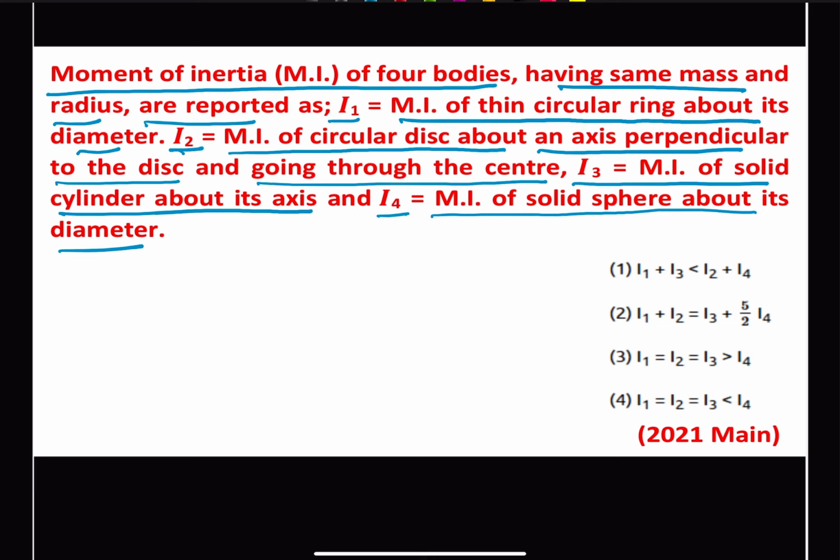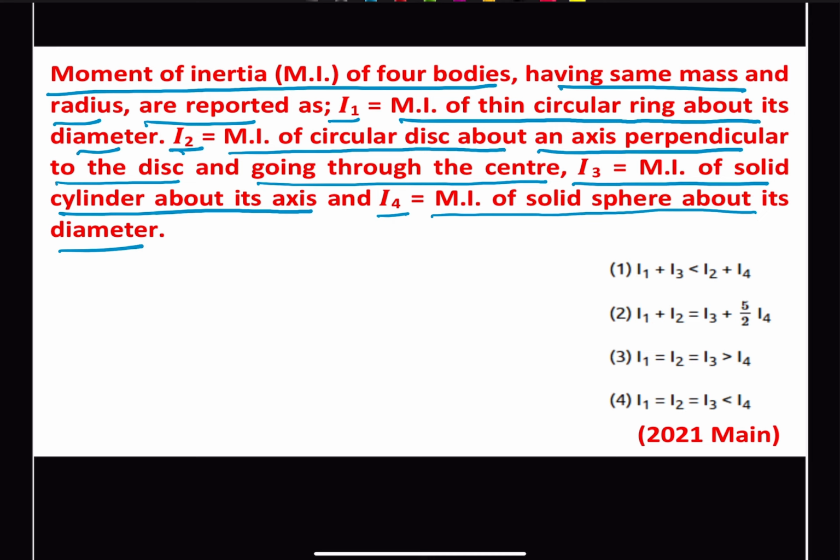So it is quite straightforward. We are going to take these bodies one by one and find out the moment of inertia formulas basically.